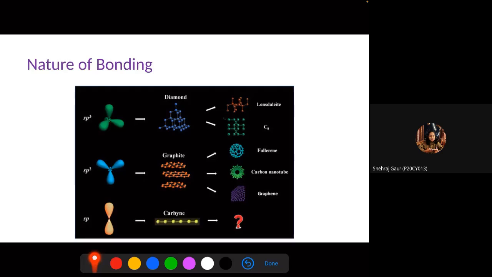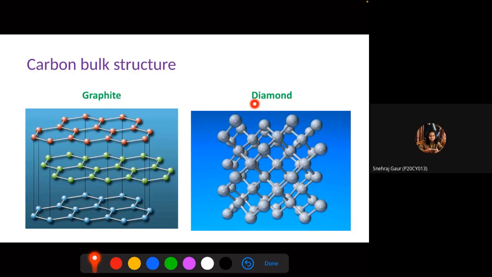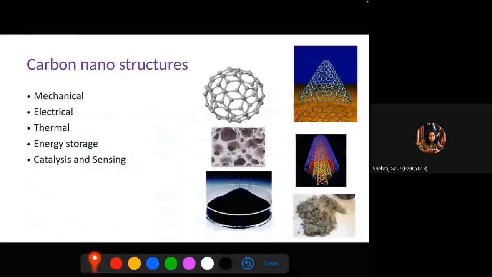Yeah, so this carbon graphite structure and diamond structure I already discussed. And when we go to nanostructures, we have nanotubes, we have fullerene, and what is interesting is you can synthesize them in huge amounts.